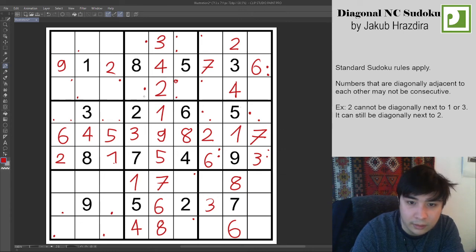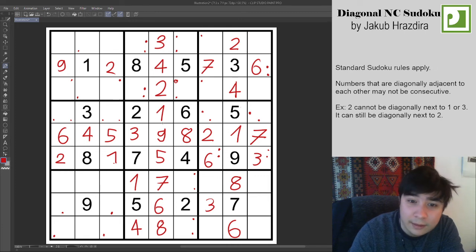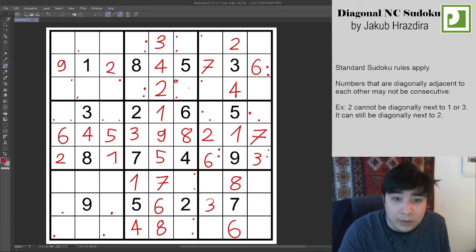And this has to be the 9 now on the left. And down here too. 9 and 6, 1 and 7. Nothing quite to disambiguate there yet.